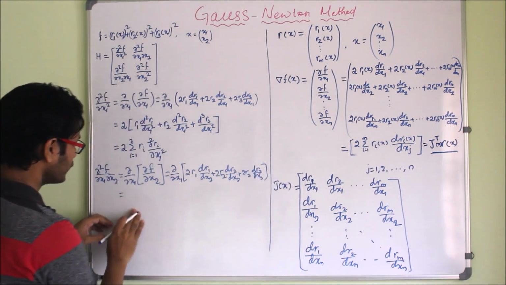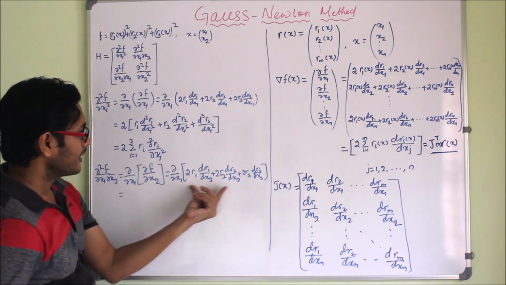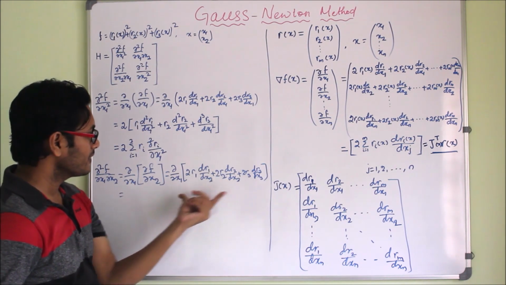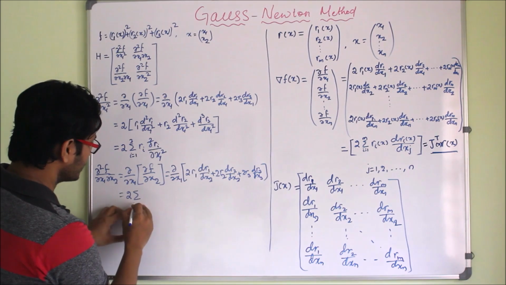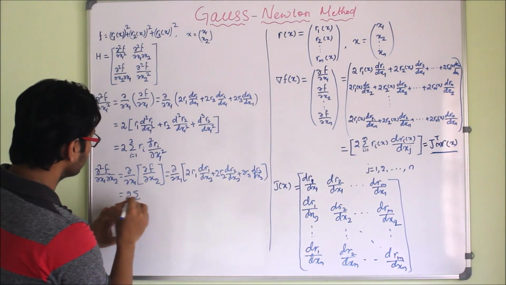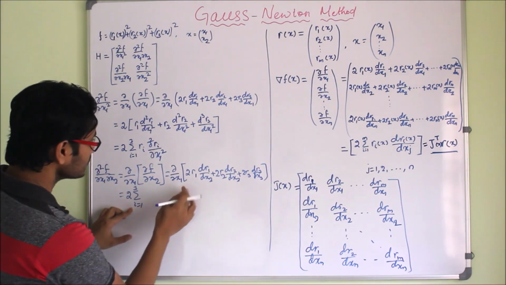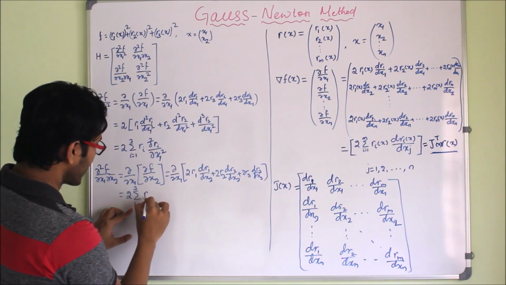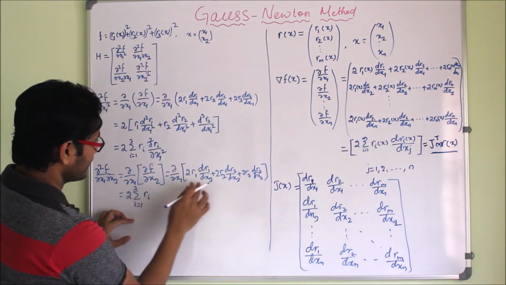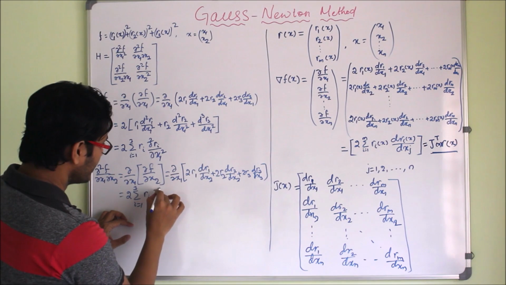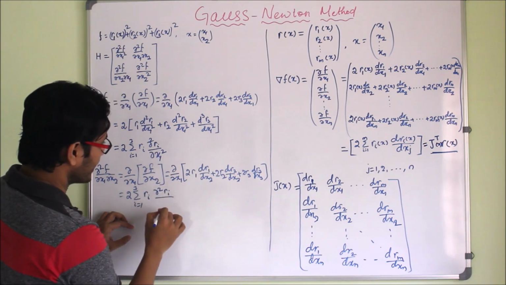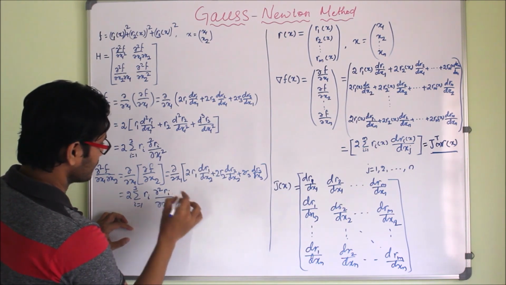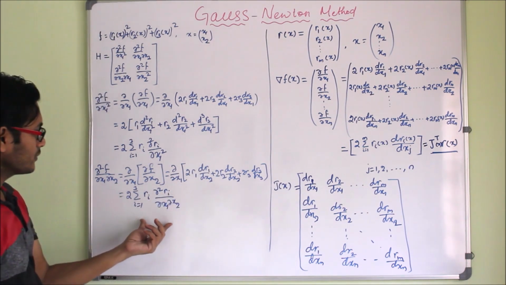So if we write and solve, then in compact form it will be 2 into summation of i from 1 to 3, Ri, and this one will be ∂²Ri/∂x1∂x2. Okay, so this will be the form.